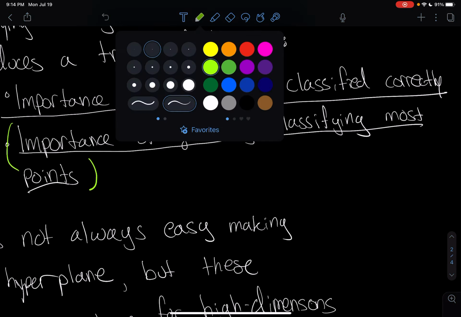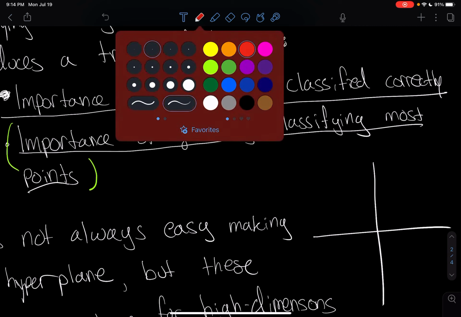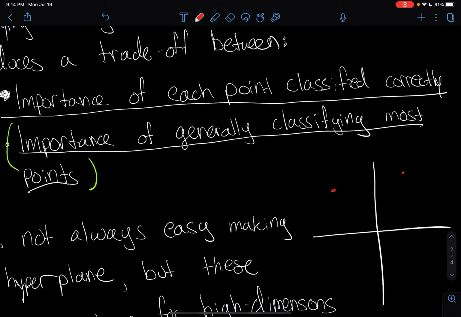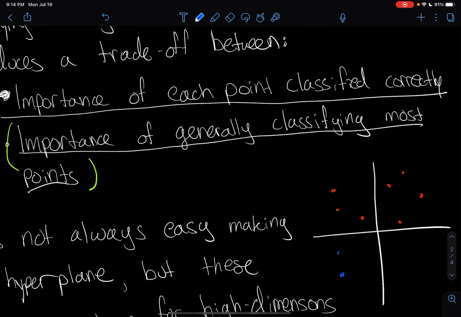Okay, and we'll go back to white to draw our table once again, or our chart, sorry. Now we're looking at the importance of each point being classified correctly. So let's choose red data points. And let's do blue data points.